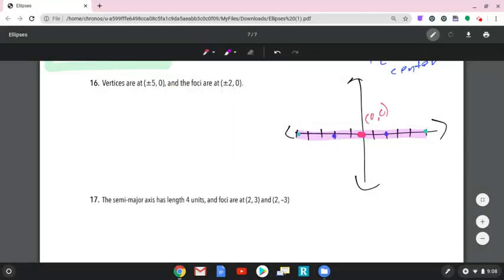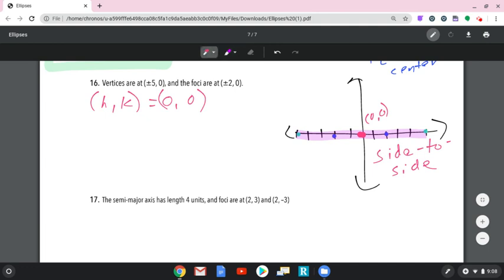And I also now know that since the foci go horizontally, this is a side-to-side ellipse. So I got my center. I know H comma K is 0, 0. Now I need to figure out A and B. Now remember, A is this, wait, hold on.